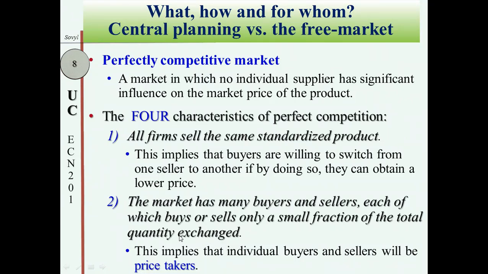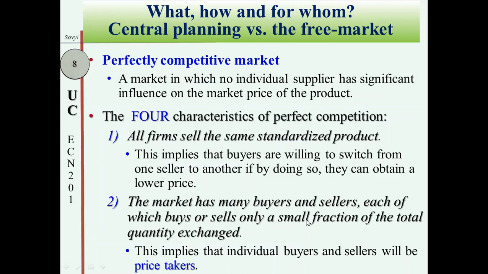Exchange means buying and selling. If you want to change the market price, you cannot, because your market power is very small. If you are an individual buyer, you cannot change the market price.